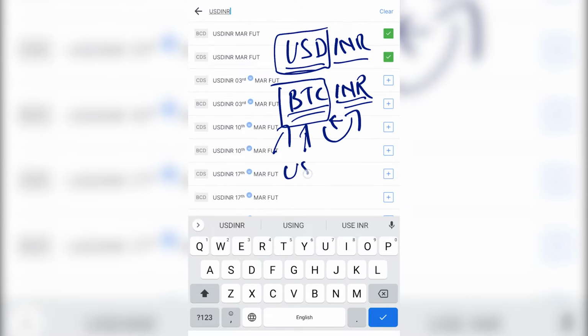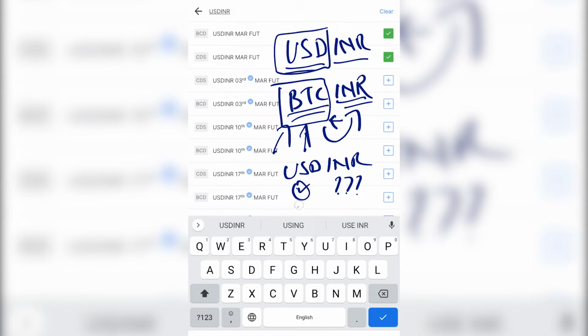So if I say USD INR, I am saying for a particular given quantity of USD, how many INR do I need? Or if I say 1 USD, this 1 USD will always remain constant and the price that will change is INR. So INR price may keep going up or keep going down. If you reverse it, the USD price will keep going up, keep going down, and whatever is your INR input will remain the same.